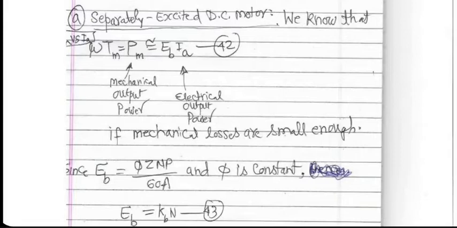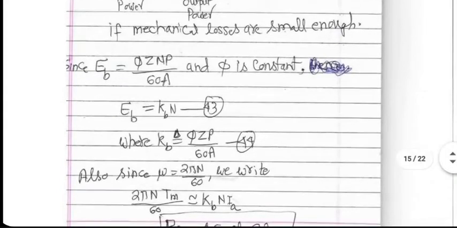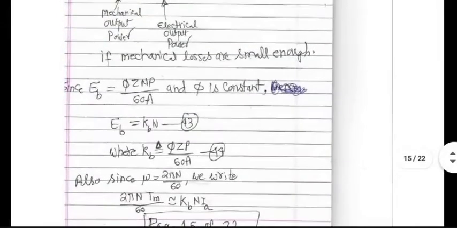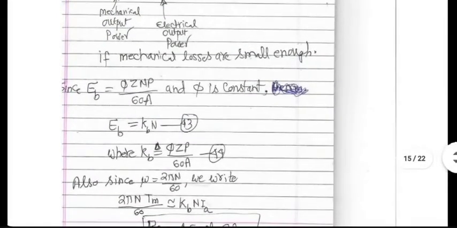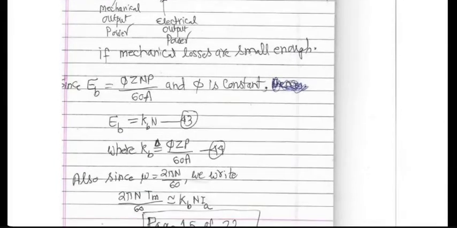We are theorizing right now to understand what will happen. EB is KB into N, right? And EB IA is omega Tm. So let's combine these two equations. Two pi N divided by 60, entire thing multiplied by Tm, which is omega Tm, equals EB IA, and EB is KB into N, right?